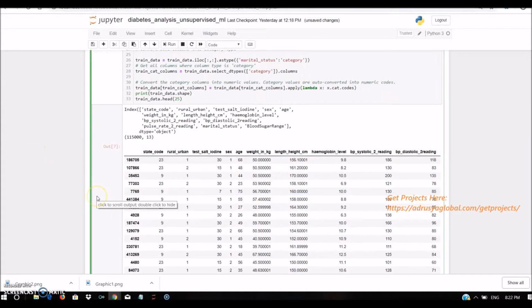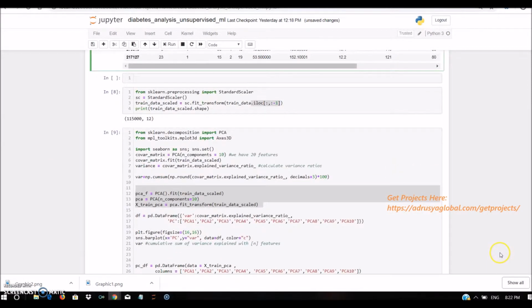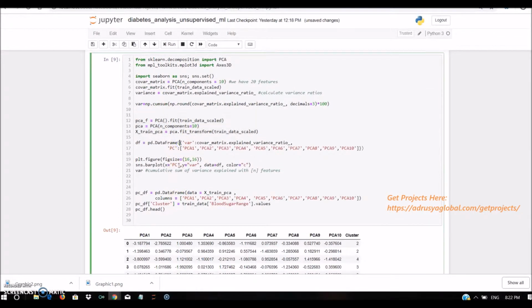Now, after getting the required data, we are going to perform some normalization so that the data is standard for all the records and all columns. After standardizing them, we now apply the principal component analysis.